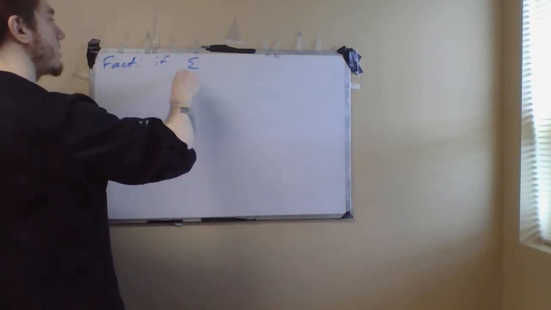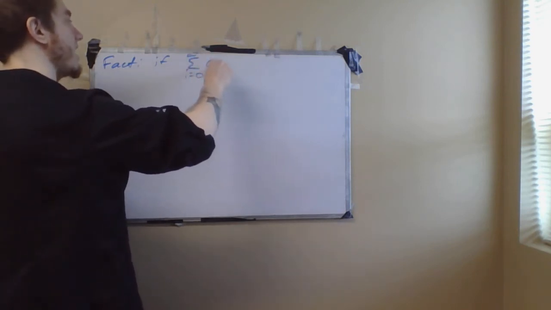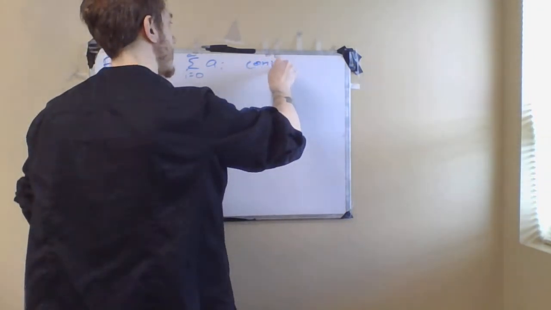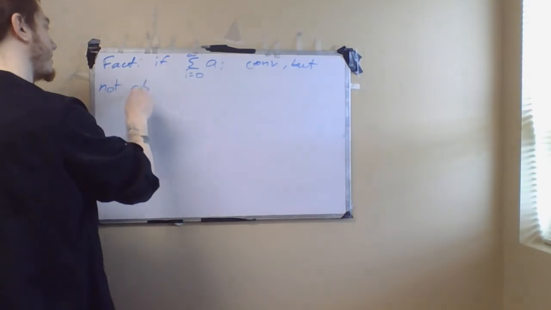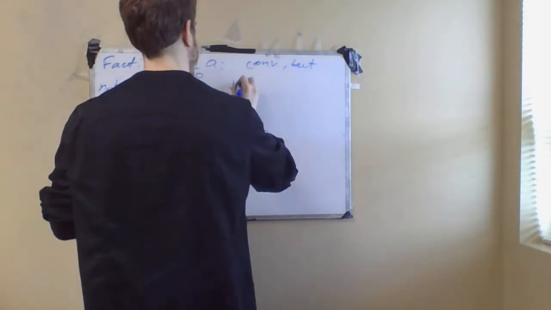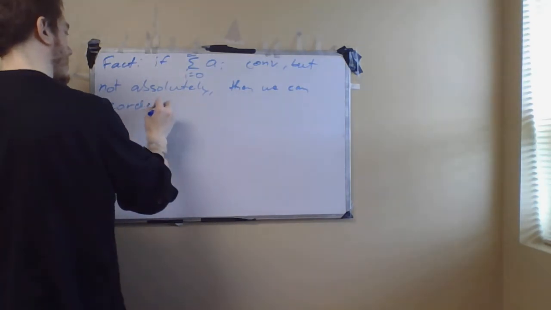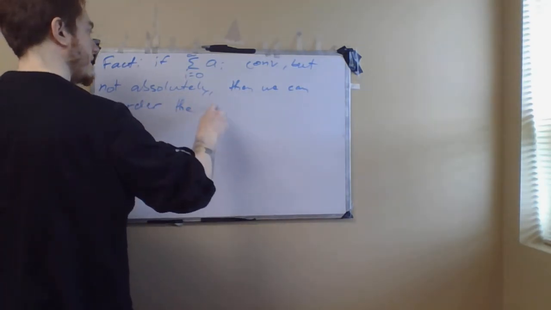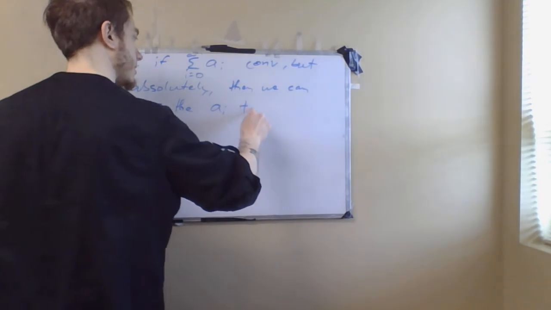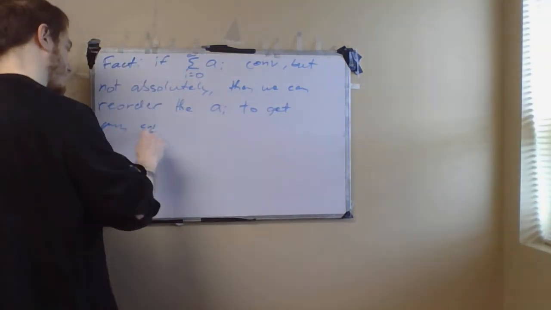If the sum from i equals 0 to infinity of a sub i converges, but not absolutely, then we can reorder the a sub i to get any sum we want.